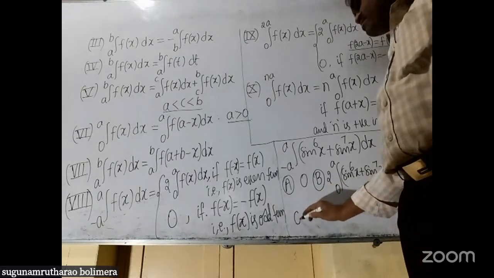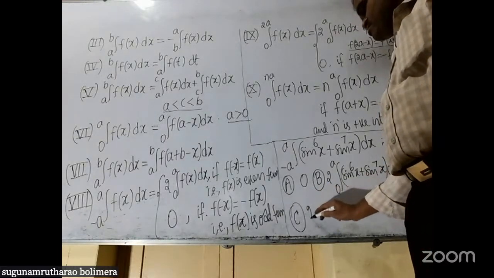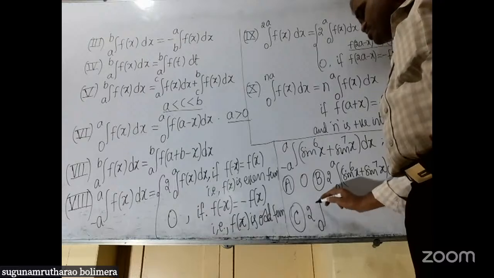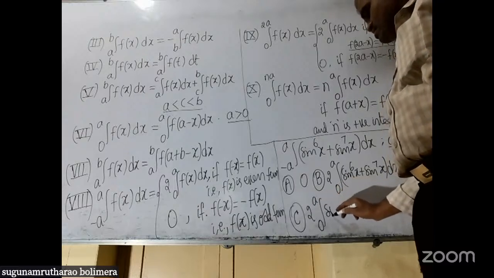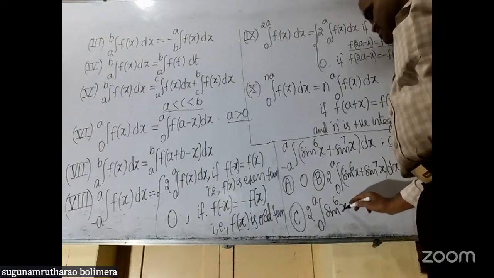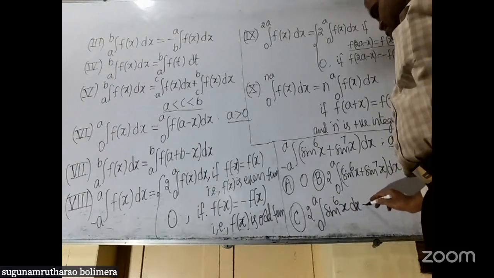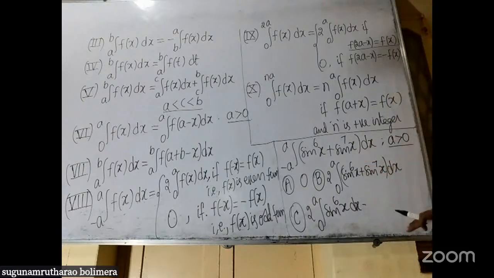Option C: 2 into integral 0 to a sine power 6x dx. Option D: 2 into integral 0 to a sine power 7x dx. Please write this down.